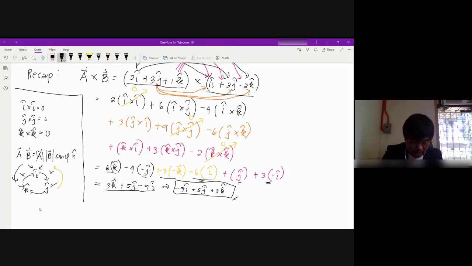Now, next, I will introduce to you the right hand rule.